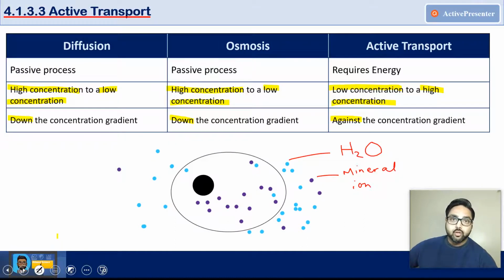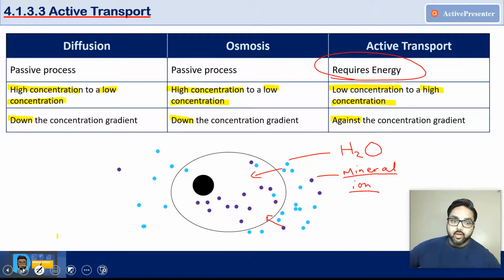Well, the water molecules are in a very low concentration inside the cell, and we know that water moves into the cell via osmosis. However, the mineral ions are in a high concentration inside the cell and a low concentration outside, so they will move inside the cell via active transport. Which one of those two processes needs energy? It's going to be the active transport. Yeah?